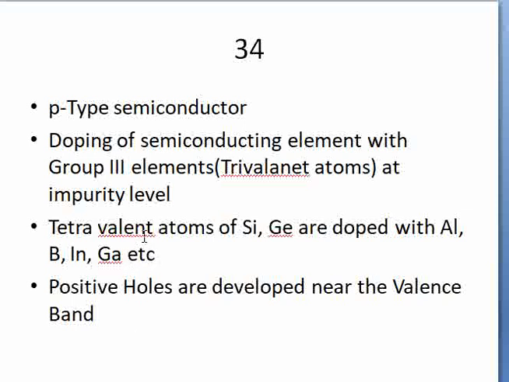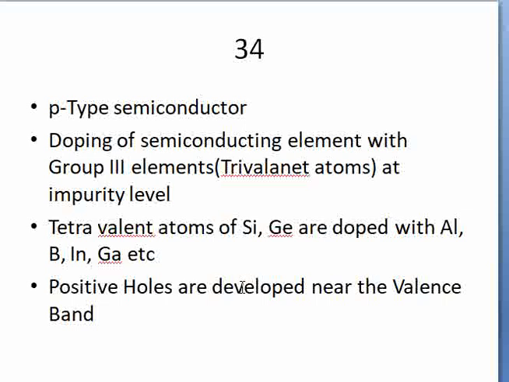One electron is less than the fourth group, so they form positive holes. They are developed near the valence band. In N-type semiconductor, electrons are developed near the conduction band.